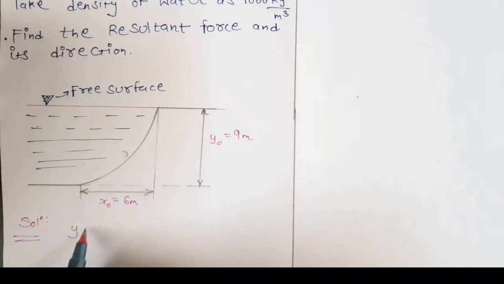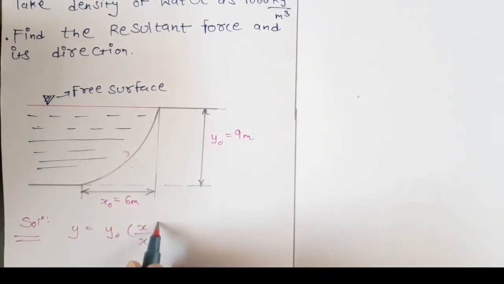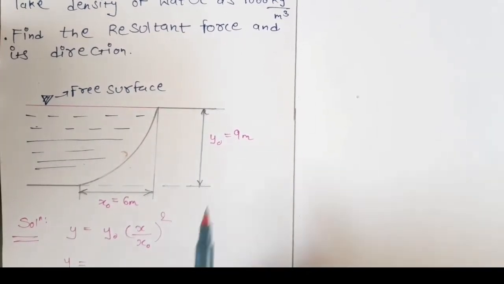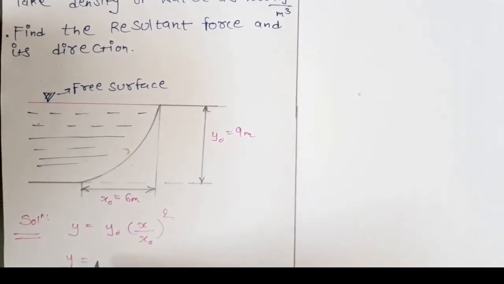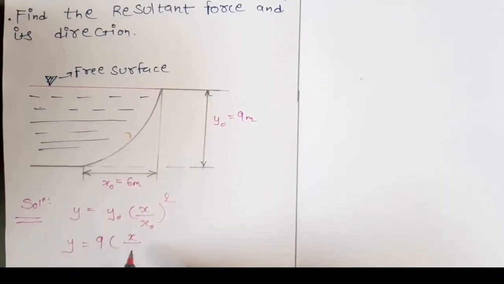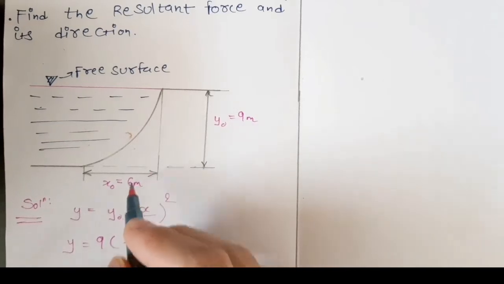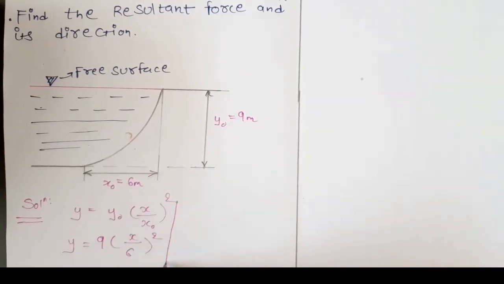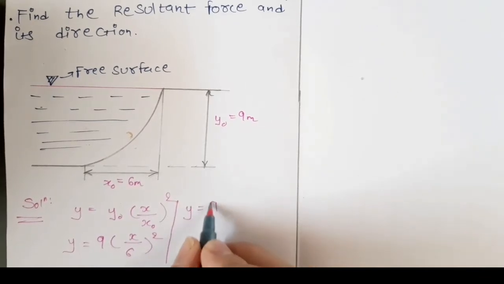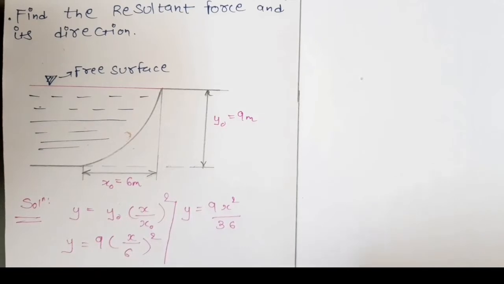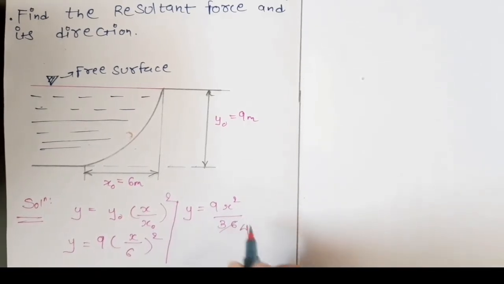so here y equals to y0 into (x upon x0) the whole square. So y equals to, now what is y0? Y0 is 9, so it will be 9 into (x upon x0). What is x0? It is 6, so it will be the whole square. So y equals to 9 into x square upon 36, because 6 6s are 36, so 9 4s are 36.